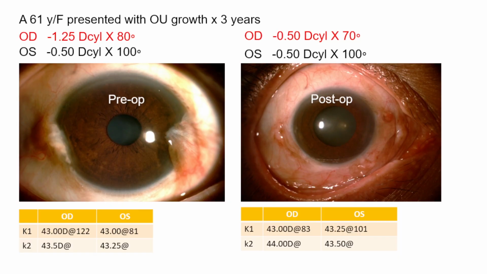This is a patient, a 61-year-old female, who presented with complaints of growth in the right eye for 3 years to our OPD in October 2023. Her systemic conditions were normal, and on examination, except for the biheaded pterygium in the right eye, other ocular findings were normal. Her vision was 6/6 with right eye 1.25 cylinder 80 degrees and left eye minus 0.5 cylinder 100 degrees.